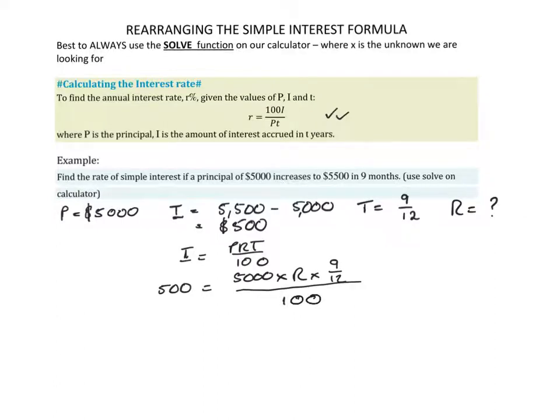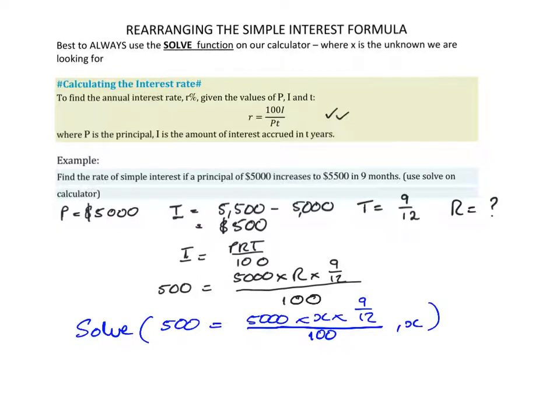So let's put this all into our calculator using solve. And instead of the R, I'm going to use an X. And our calculator gives us X equal to 13.3, which means that our interest rate is 13.3% per annum.